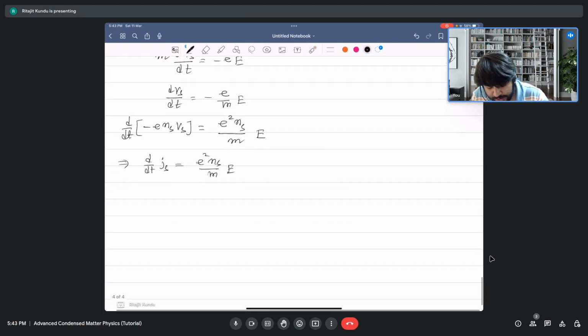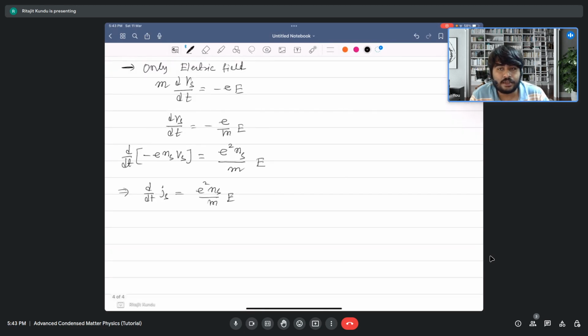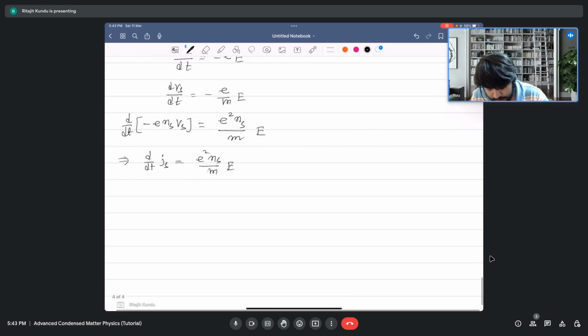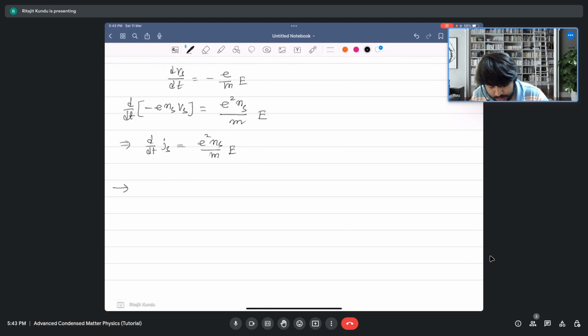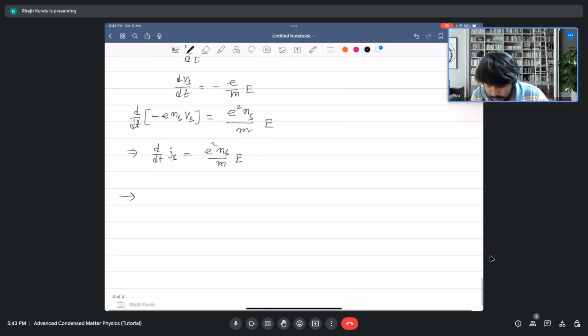This is simple, but we want to do a little more. On top of the electric field, we would also like to add the magnetic field, right? So again I will start with this Newton's equation: m dvs by dt is given by minus e times E plus the Lorentz force.